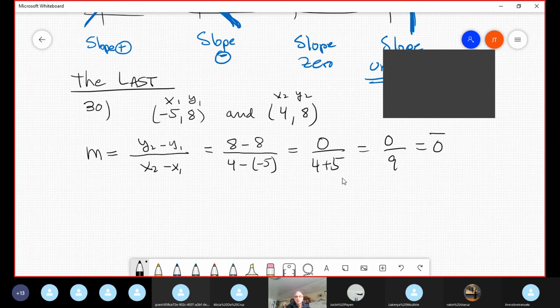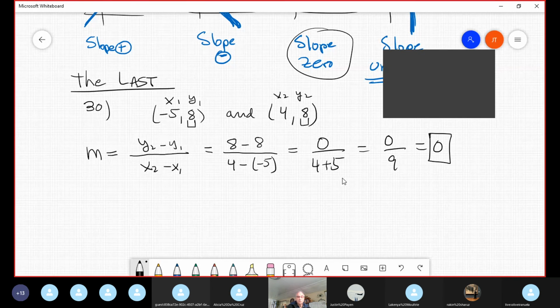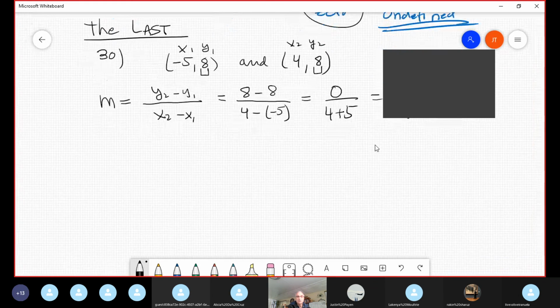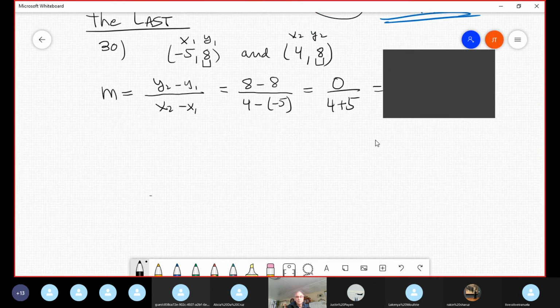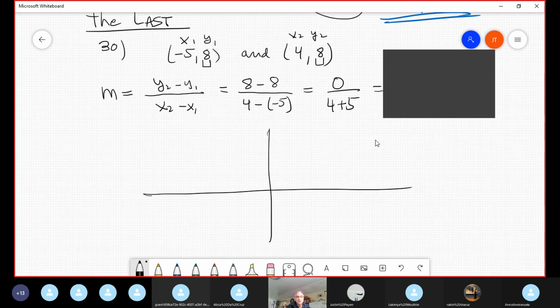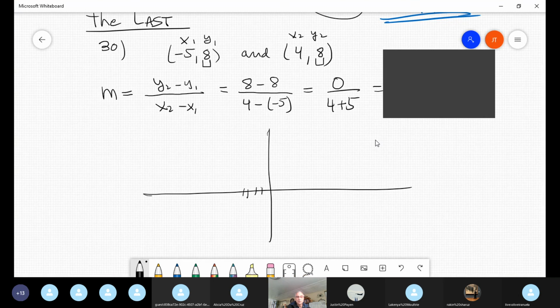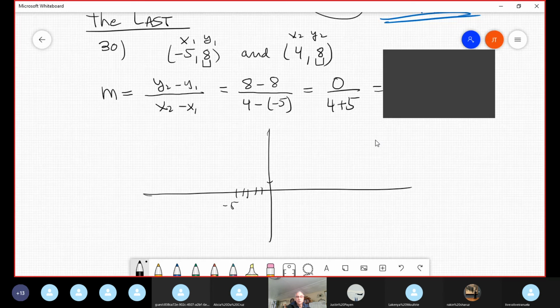That means that this is a horizontal line like that. And this is logical because the y component is repeated. You plot these points, let me try quickly. It's the last moment. Negative 5, comma 8: 1, 2, 3, 4, 5, and 1, 2, 3, 4, 5, 6, 7, 8.